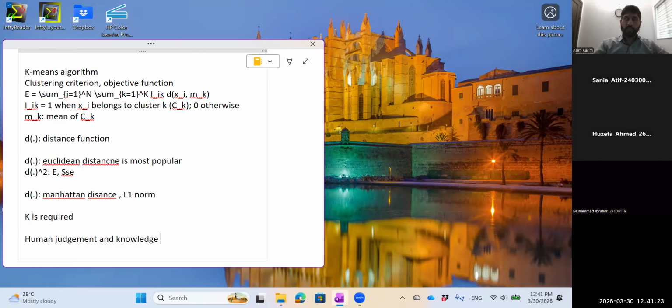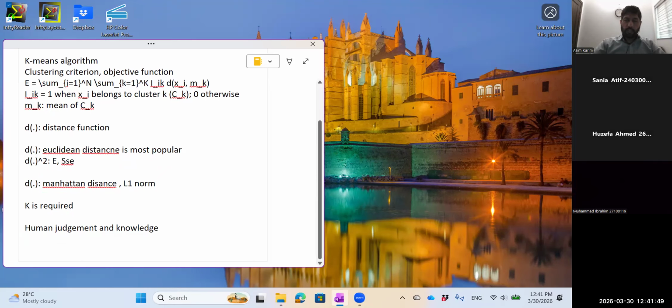So let's say the human knows something about the data. Let's say you're clustering students, and you have a hunch that the students would be grouped among 4 groups, maybe roughly corresponding to their ranks, let's say freshman, junior, sophomore, and so on. So based on this kind of intuition, you can select K depending on your data.